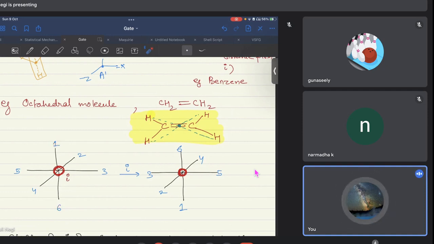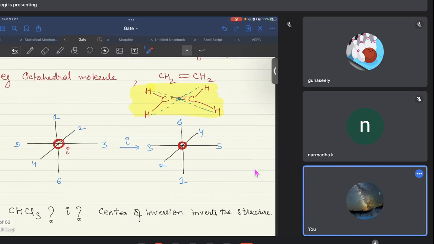Basically the center of inversion is doing the inversion of the structure. So this structure will get inverted such that this 3 will be here and this 5 will be here, because this 3 gets reflected here and this 5 gets reflected here. Again this 4 will be reflected there, and that 2 will be reflected here, such that this structure is actually the inverted structure of this one. Correct? So this is what my center of symmetry or center of inversion does.